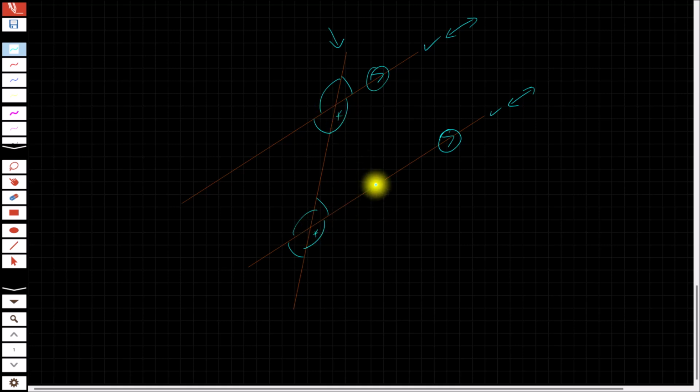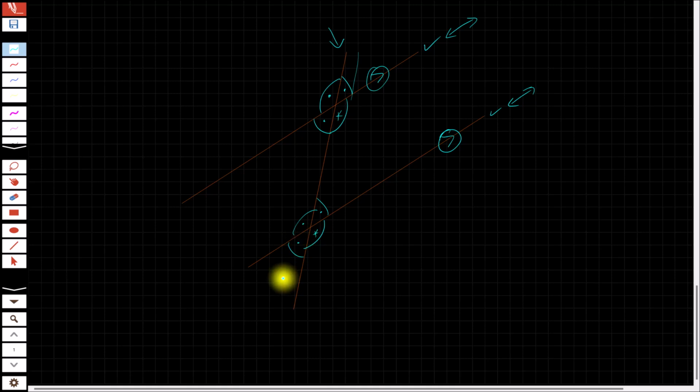Because these two lines are parallel, it's simply copying this line and putting it here, so we know those two angles match up. The same with this one and this one. Then on the other side of the line cutting through the two parallel lines, this one matches with this one, and this one matches with this one.